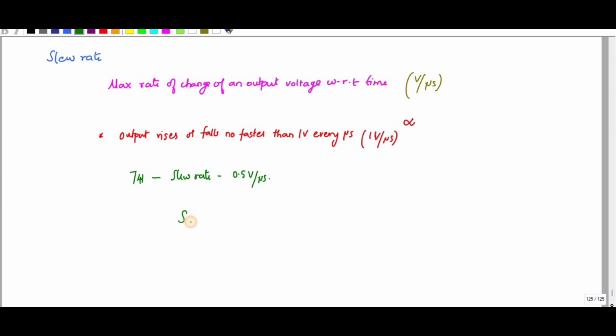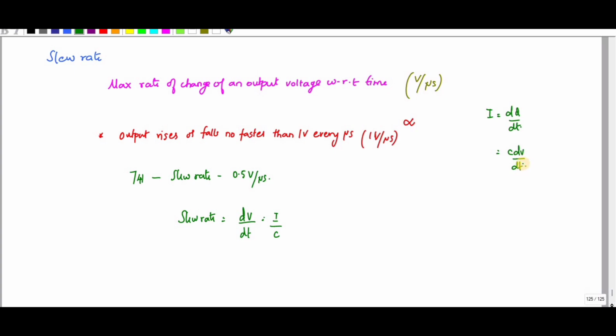So slew rate is equal to dV divided by dt, the rate of change of the voltage with respect to time. I can write this as I by C, because we know that I is equal to dq by dt, and q I can write as C dV by dt.